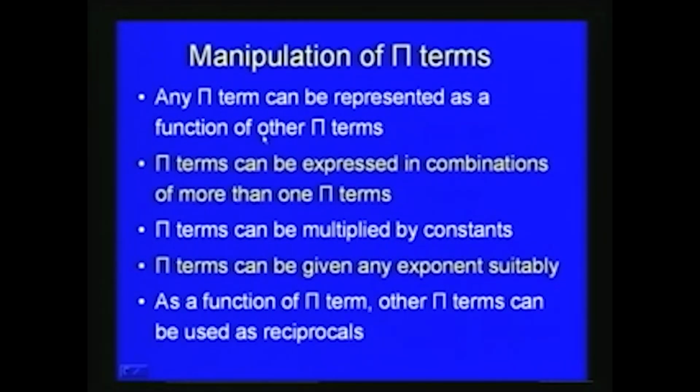So while doing dimensional analysis using the Buckingham pi theorem, the pi terms can be manipulated in different ways: we can represent one pi term with respect to other pi terms, multiply by a constant, use reciprocals, or suitably give exponents such that we get the appropriate dimensionless form, or the appropriate equations can be formed.